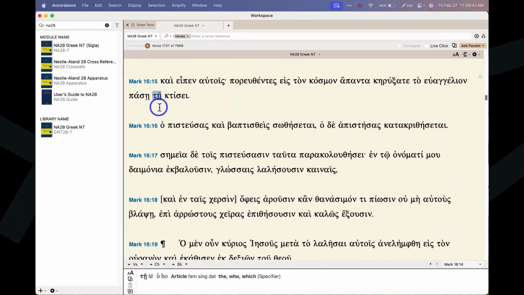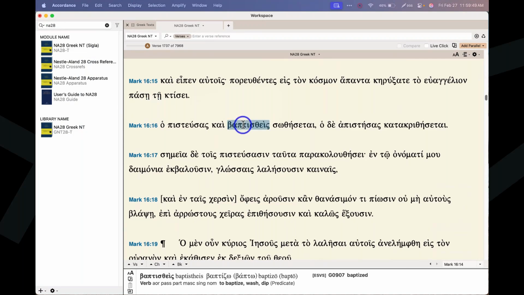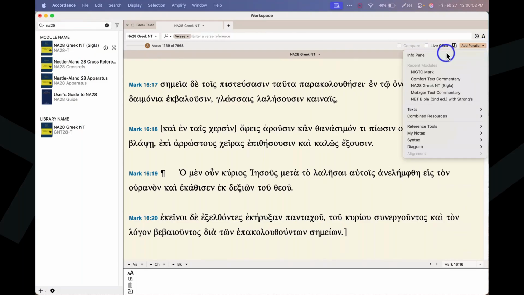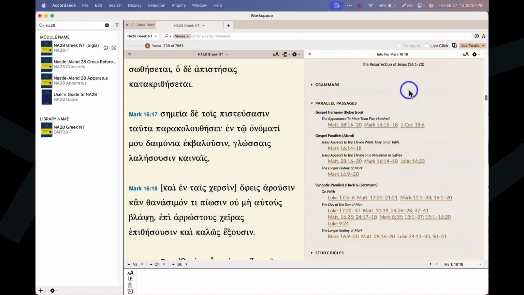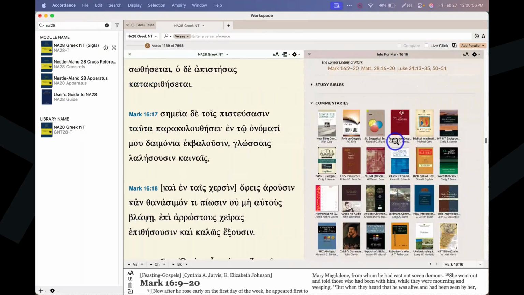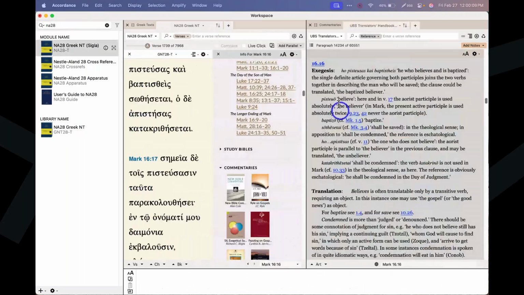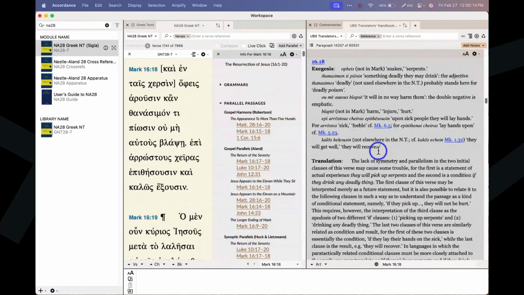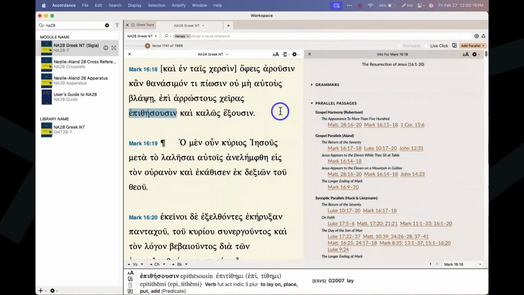So if there's a verse that some manuscripts have and some don't, we've seen some of those, maybe there's nothing here, it's in the apparatus, but everything here is tagged. So if you wanted to go ahead and still translate this, and even just follow the brackets, you would be able to do that with all the same helps. You could check your info pane too. I don't know that you're going to get quite the same level of detail on all these verses necessarily. But at least in the UBS Translators Handbooks, you've got that there. So that would certainly be a project that you could choose to take on.